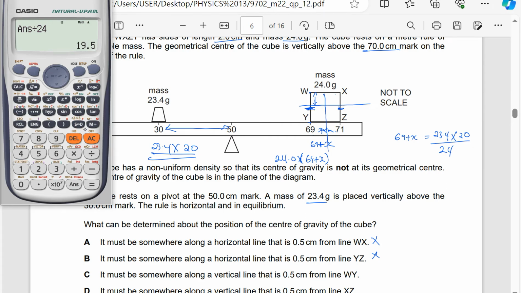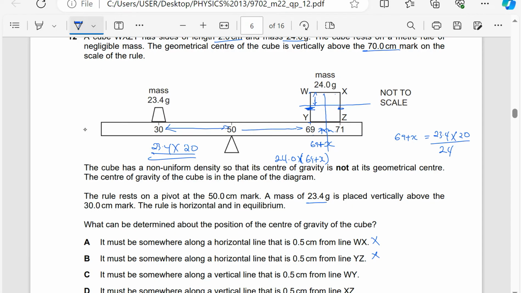And when I make X the subject, I have to subtract 69 minus that. Did I multiply this correctly? This is 50. No, there's a problem here on this distance. It is not 69, it is 69 minus 50. This distance is what? 69 minus 50. This is 19. So this should be 19, not 69.